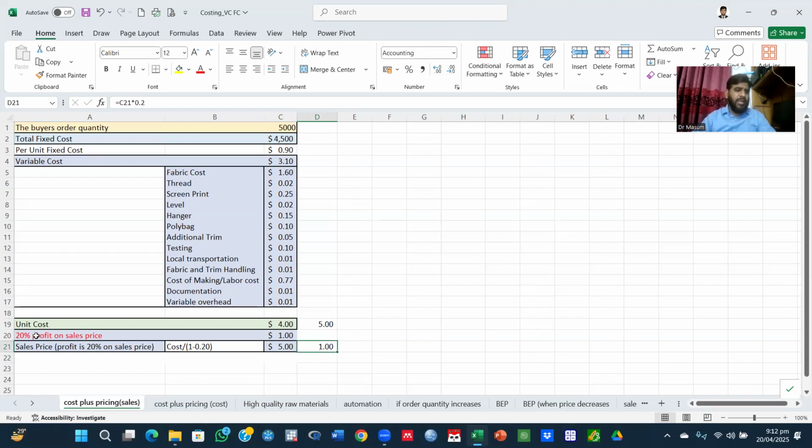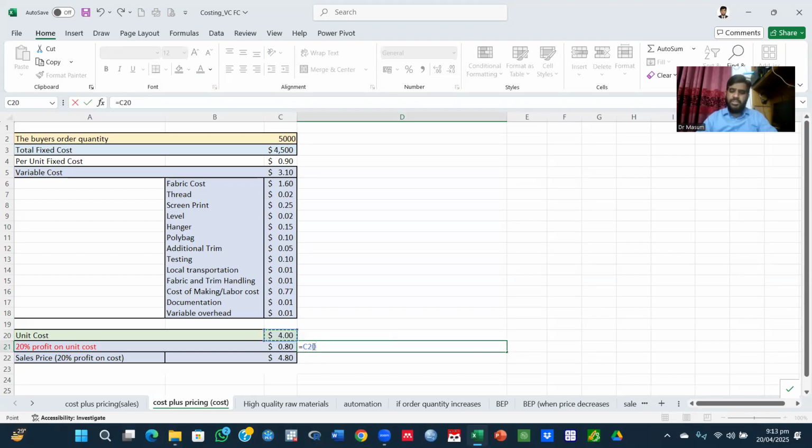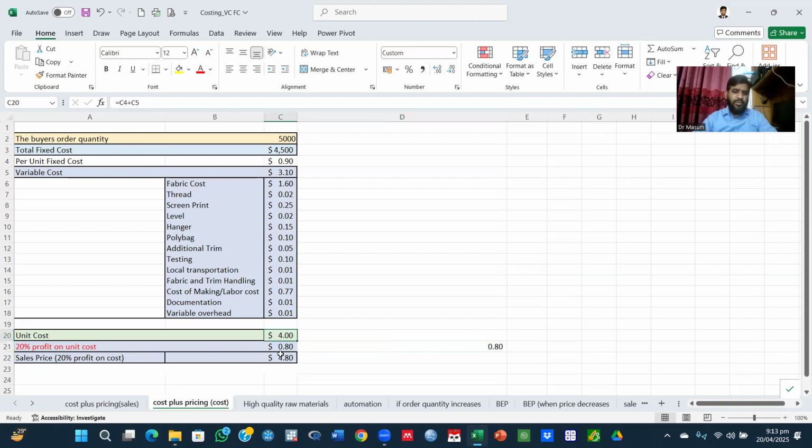So either you can calculate your profit on sales price, or directly you can calculate your price on per unit cost. Your per unit cost is $4, and 20% profit on unit cost is 80 cents, so $4.8 is the sales price.